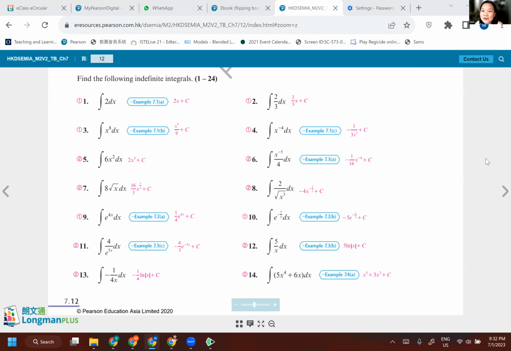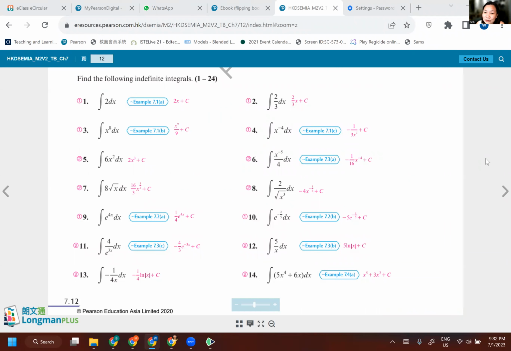Before we move on to the next session, I think it's important that at least you have a look at this exercise before the next lesson. If we were at school, I would ask you to finish the homework, but now because we don't have time, we need to at least have a look at these questions.